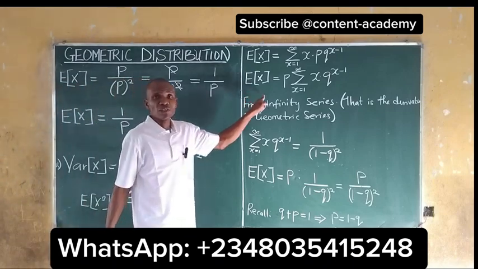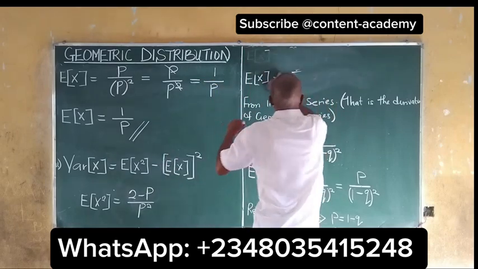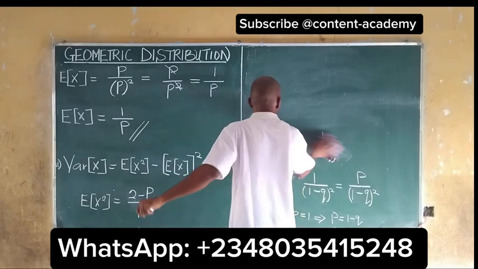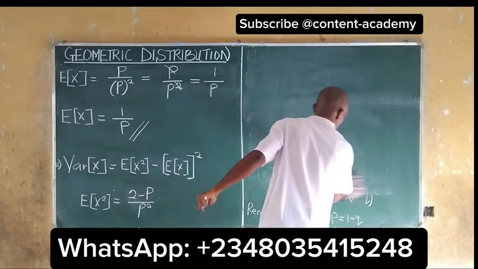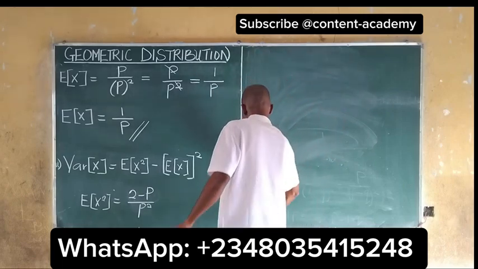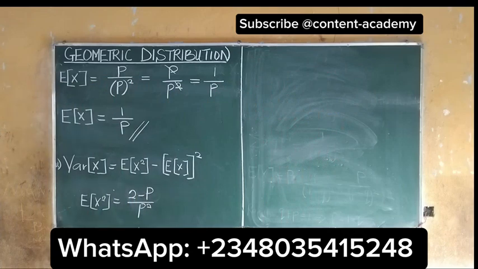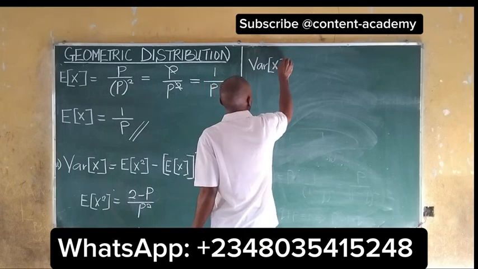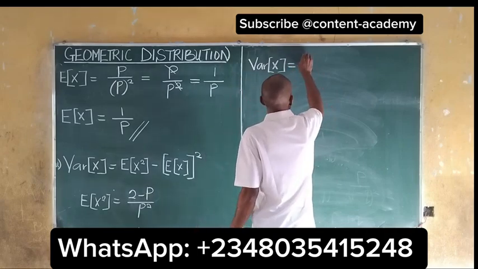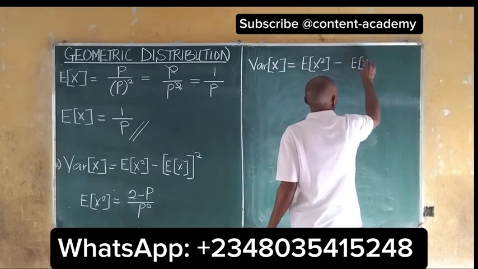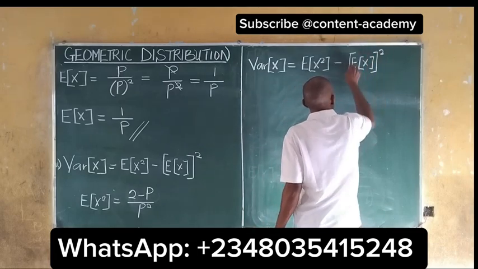So our variance of x will move over to this side of the board. Our variance of x will now be equal to the expected value of x squared minus the expected value of x all squared.